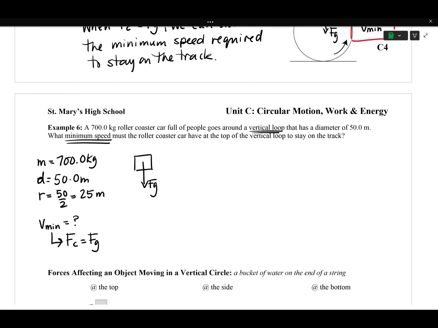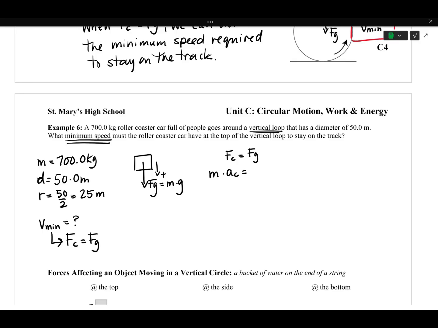So we have a roller coaster on a track. The force due to gravity is the only force acting on it. We are going to say to the center is positive. We know the formula for force due to gravity is m times g. We know that our centripetal force is only going to be F of g.